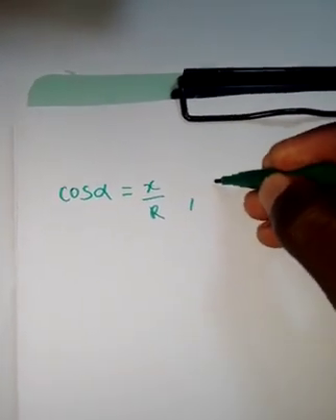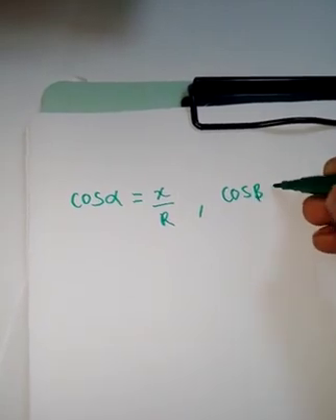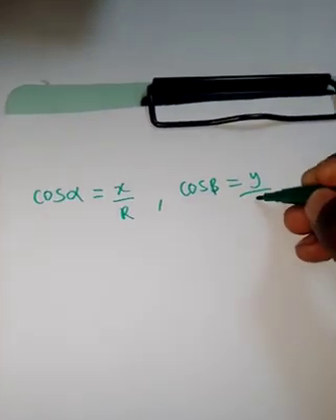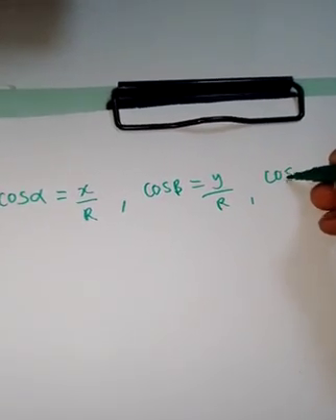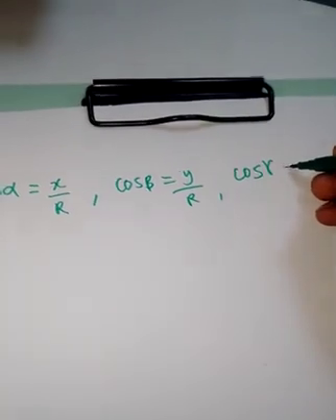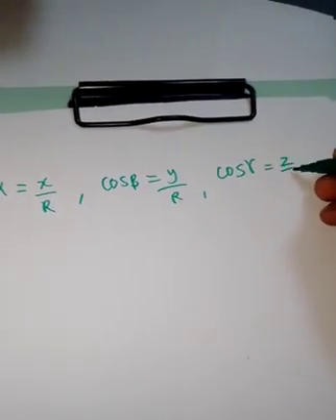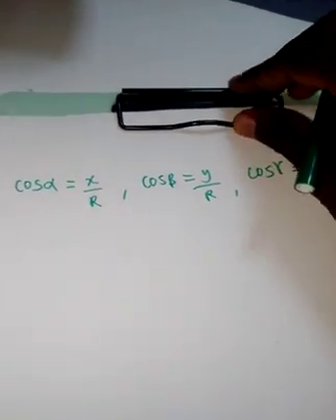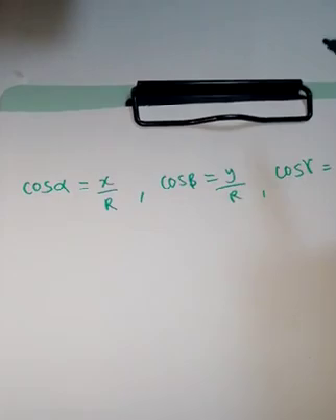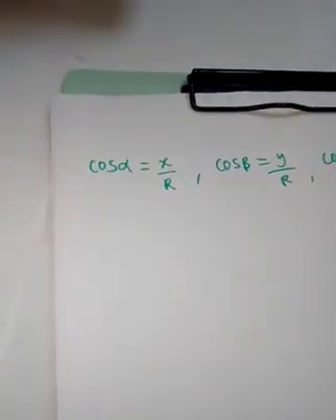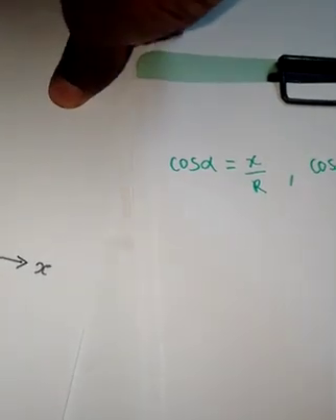Then cos beta is equal to y over r, and cos gamma is equal to z over r. So here we should just determine what is x, y, z, and r, and that r is the same for everything.